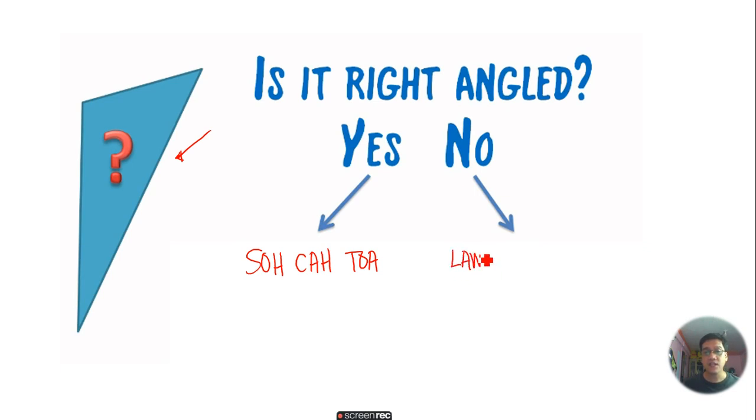So this is the law of sines. And another one is the law of cosines. But for this video tutorial, we are just going to focus first on the law of sines and how we're going to apply this law to solve the missing angles and missing sides of oblique triangles.